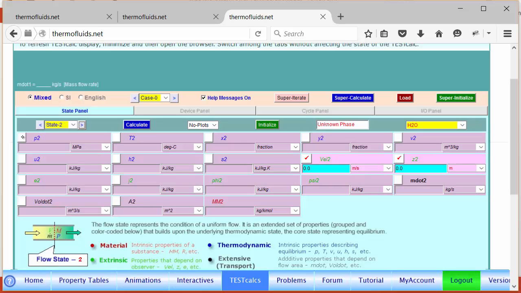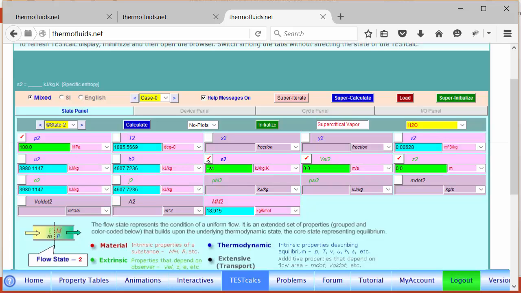At state 2, pressure is 100 kPa at the turbine exit, and we know the entropy remains constant, S2 equals S1. And as you can see, our goal was to find enthalpy at state 2, which is 4607, which is very close to... oh, wait a minute, we made a mistake.